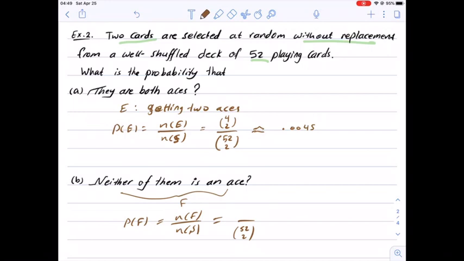That means from 48, because aces are 4, so we exclude them from the 52 cards, we get 48 cards. From 48 cards we choose 2, and then we can use the calculator to get 0.8507.